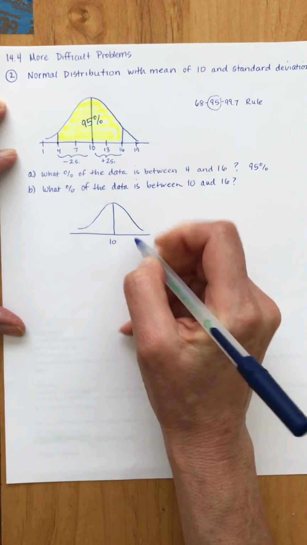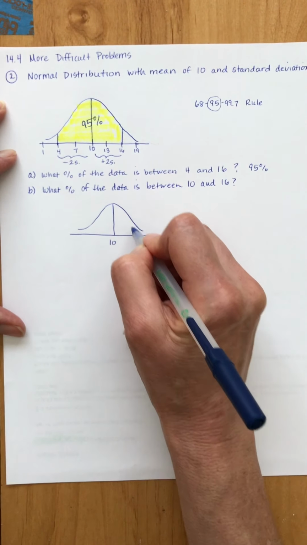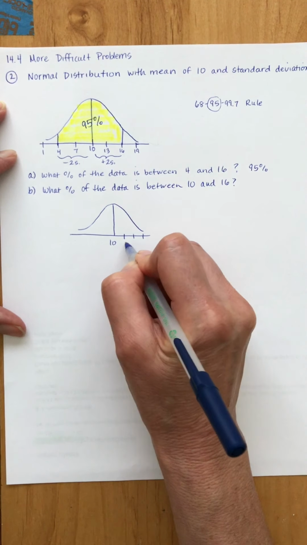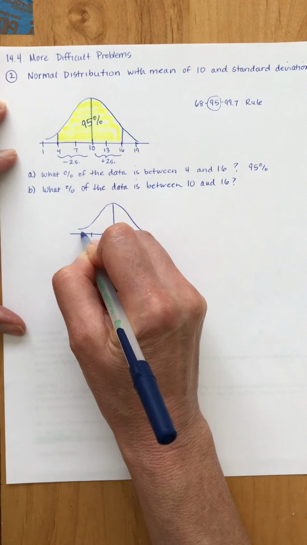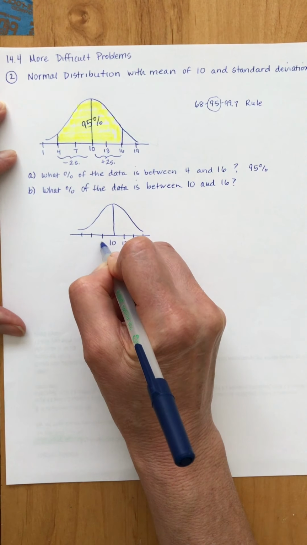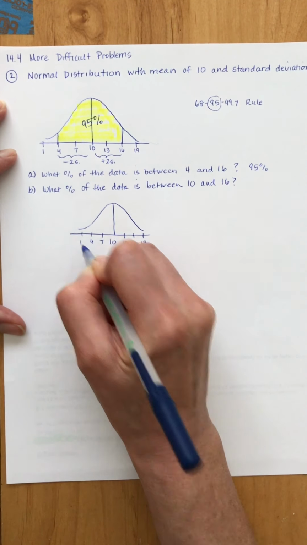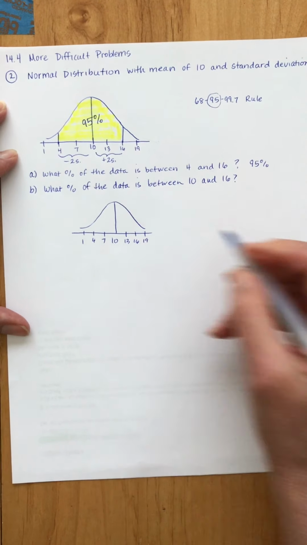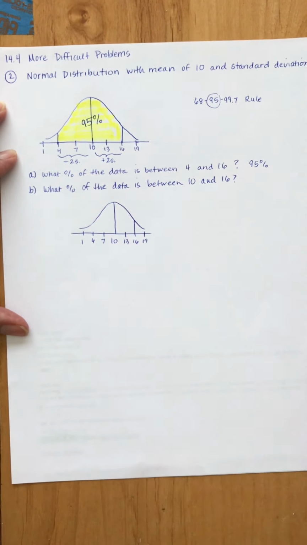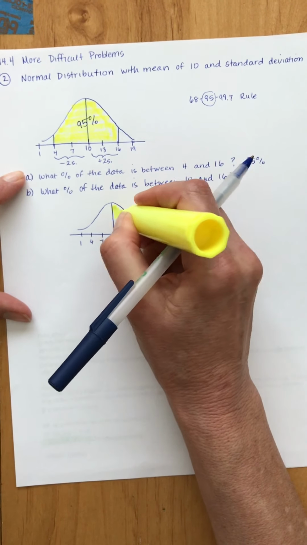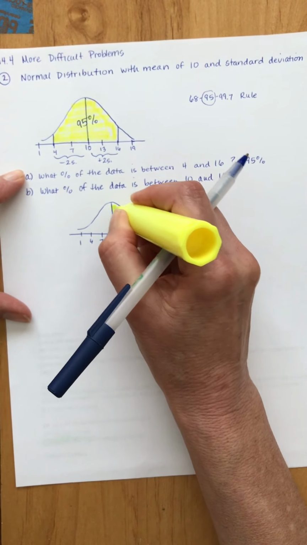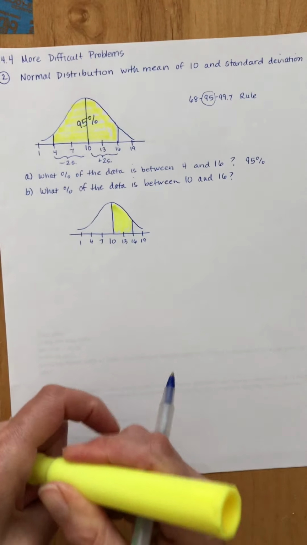Here's our 10, and we're going just 1, 2, 3, 13, 16, 19, 1, 2, 3, and we're going 7, 4, 1. Okay, so now we're being asked just this part. Okay, just that part. So how much is that going to be?